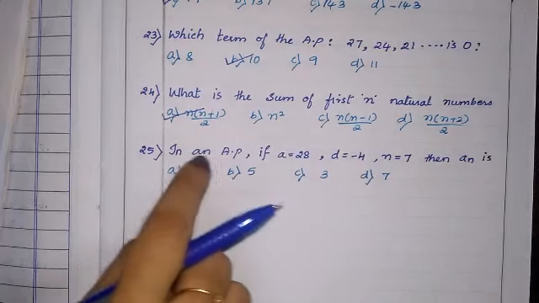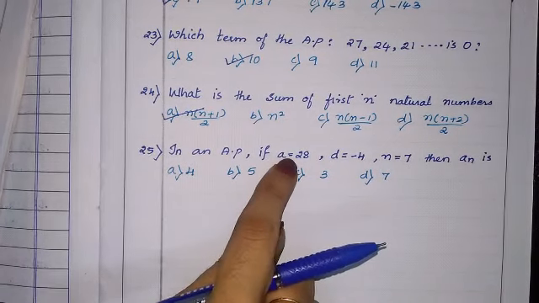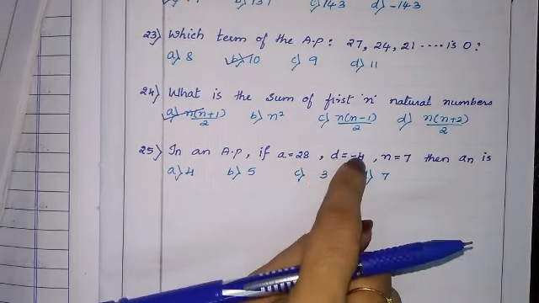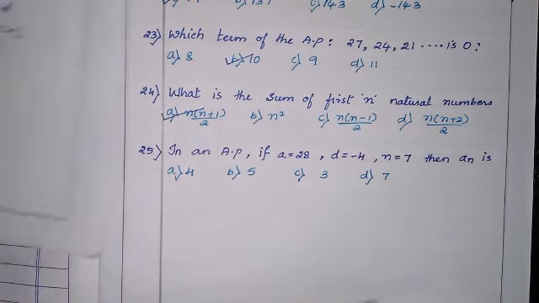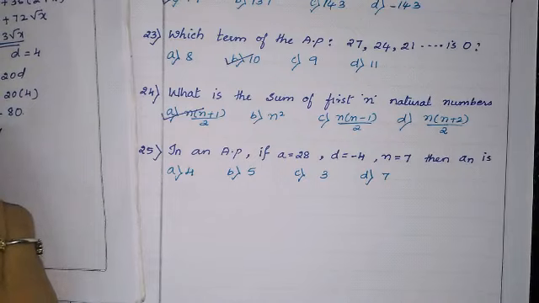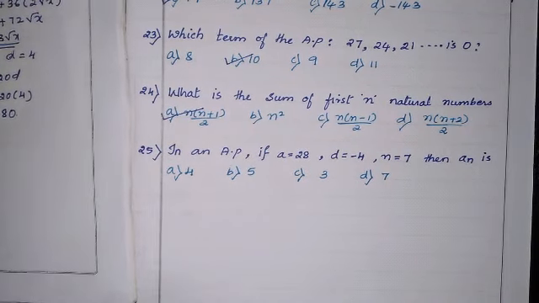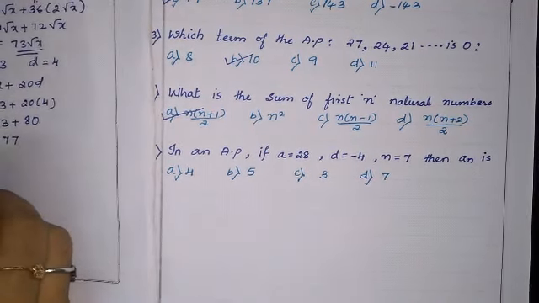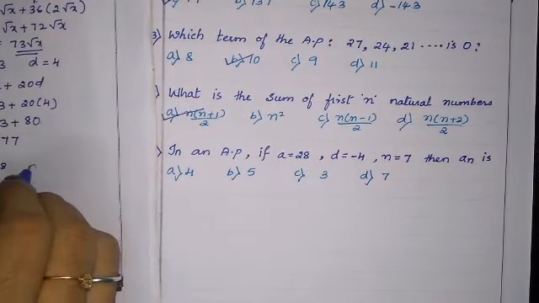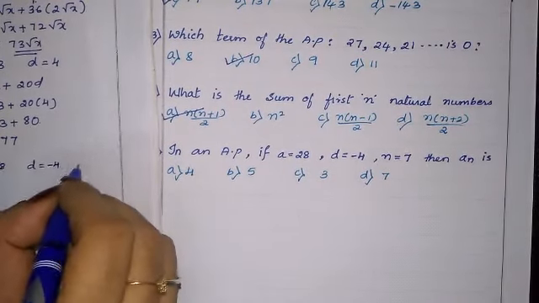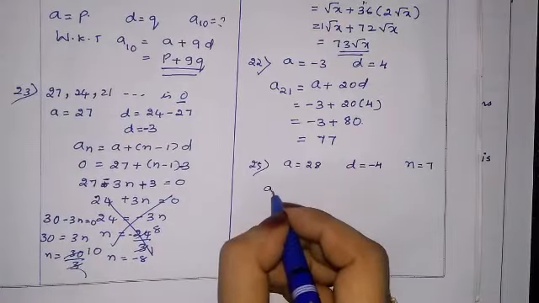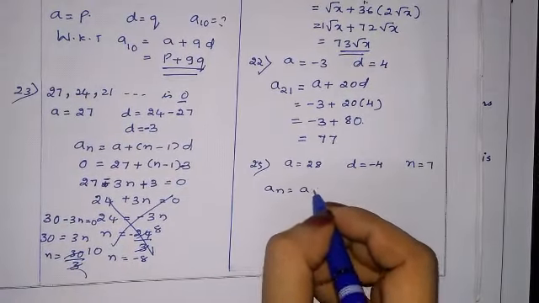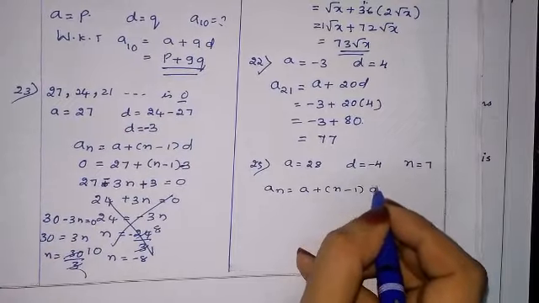Okay, now in an AP, if a is equal to 28, d is equal to minus 4 and n is equal to 7, then an is. Okay, here is question number 25, which is the last question of this video. a is equal to 28, d is equal to minus 4 and n is equal to 7. Then an is equal to a plus n minus 1 d.